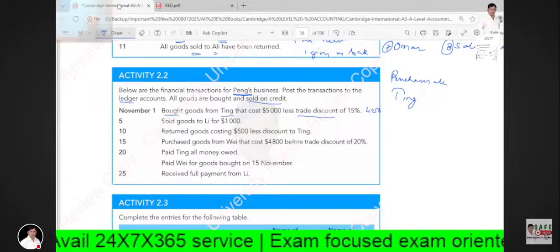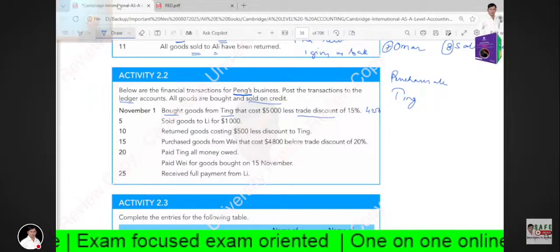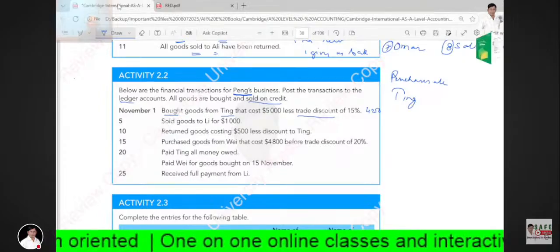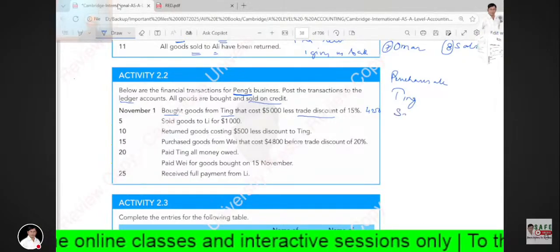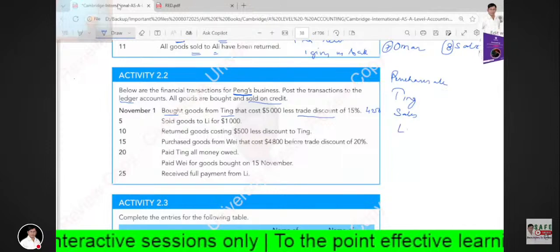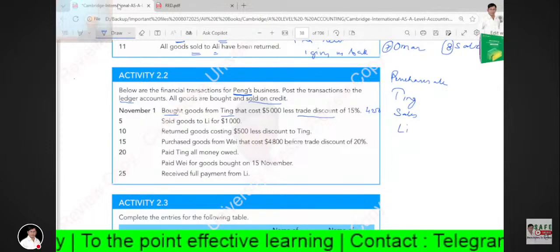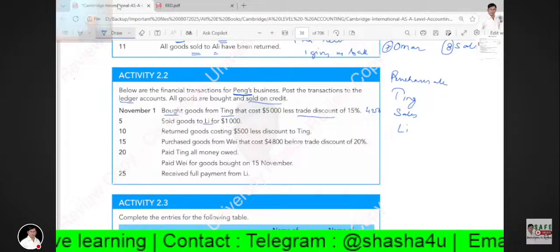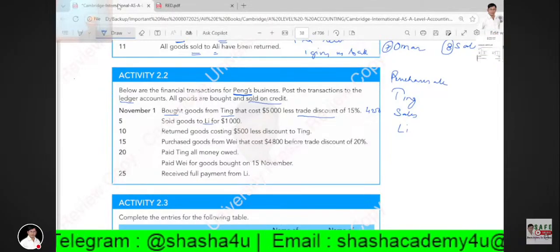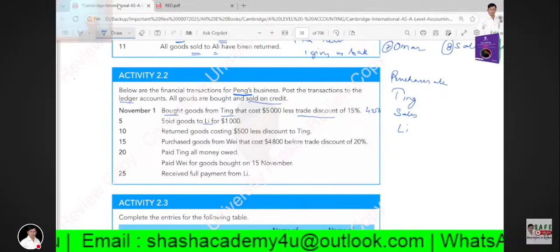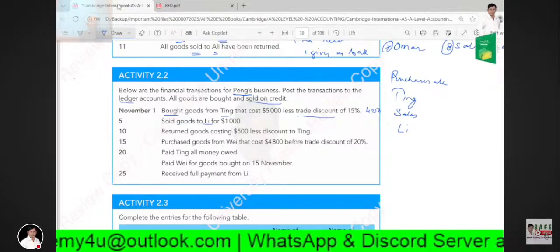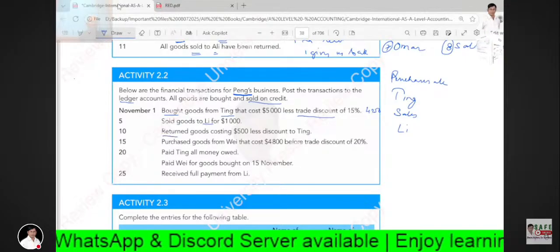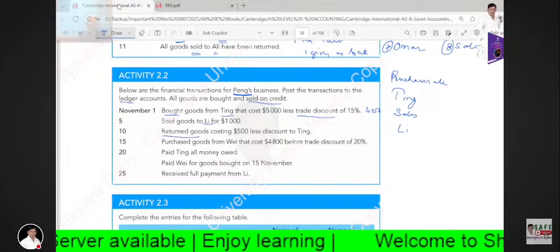So purchases account, Ting account. Sold goods to Lee for 1,000: sales account, Lee account, 1,000. Returned goods costing 500 less trade discount to Ting. So again you are returning goods.